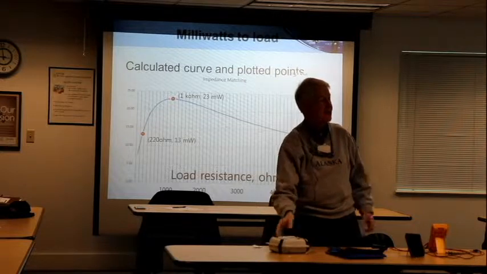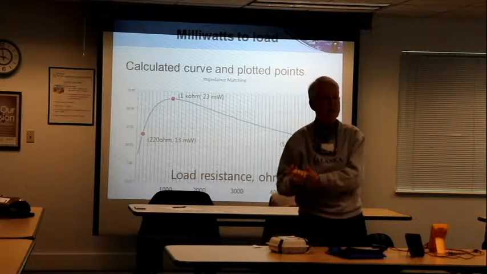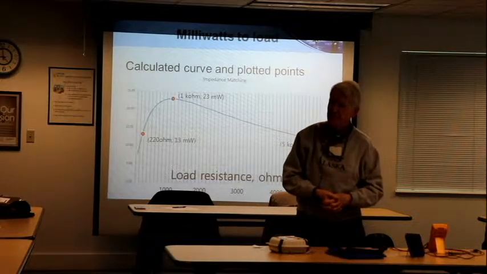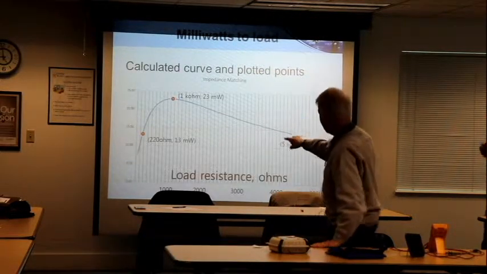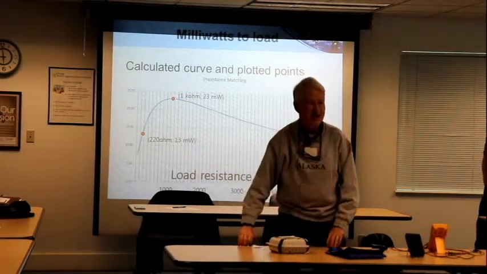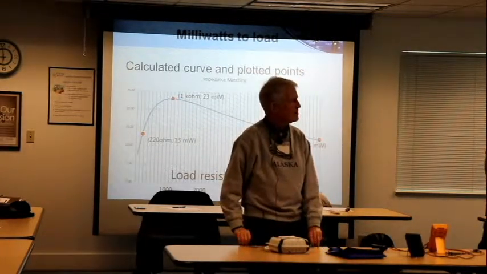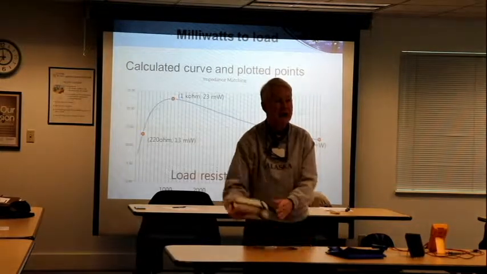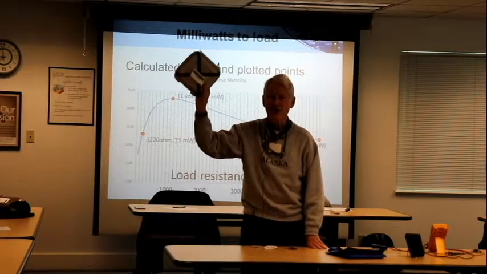So the main lesson for today is you get maximum power transfer when the load resistance equals the source resistance. And I cheated because the blue curve is plotted from an equation I didn't want to bother you with today, but it's an equation for the power developed in the load, given a certain source. This battery and this internal resistance.